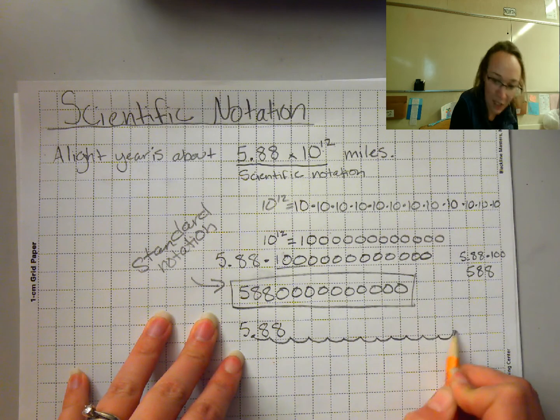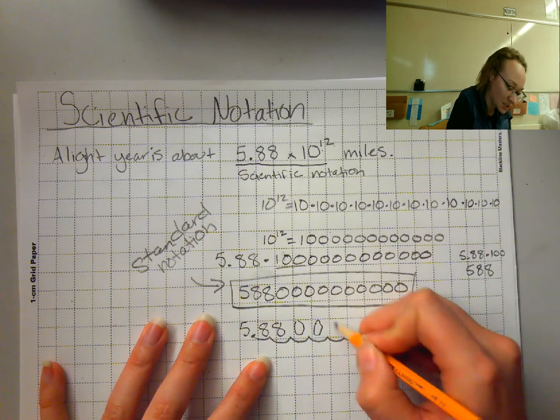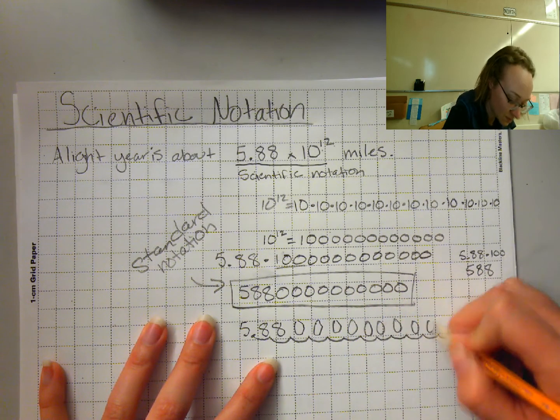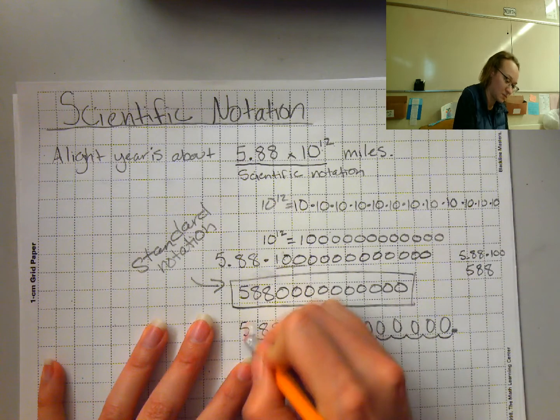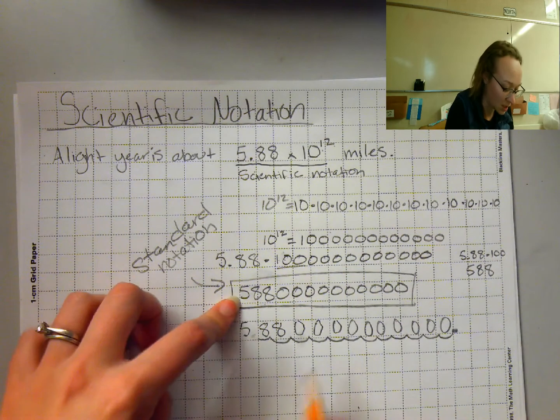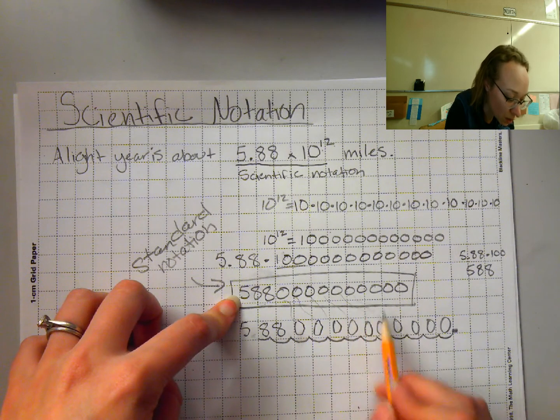And that's where my new decimal is. Then each of those spots in between gets a 0. No decimal there anymore. That is the same number as this guy. I just wrote it out longer.